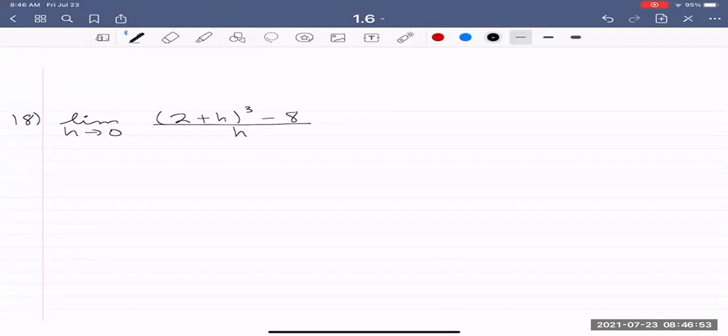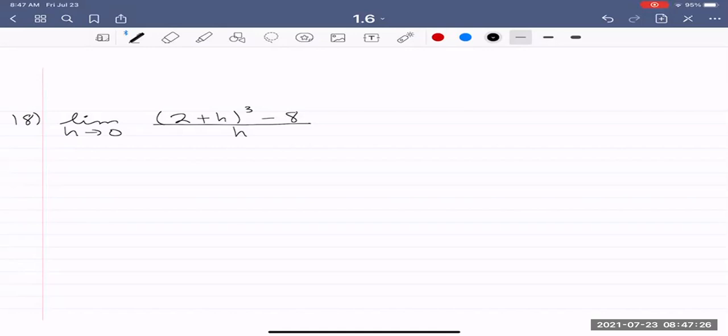Limit as h approaches 0 of (2 plus h) cubed minus 8, divided by h. Again, notice that if I plug in h equals 0, 2 plus 0 is 2, 2 cubed is 8, minus 8 is 0, divided by 0, doesn't make sense. So it's 0 over 0, and h equaling 0 is not in the domain of my function.